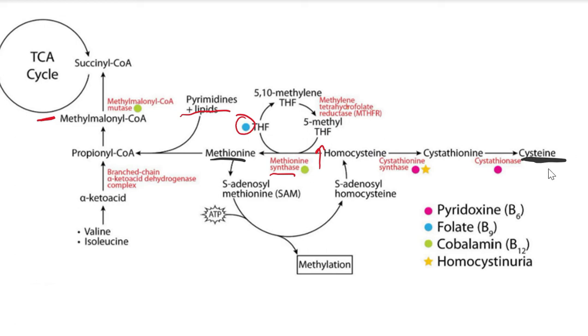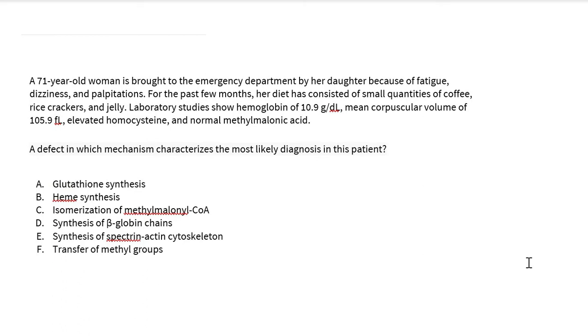Now that we understand the metabolism of homocysteine, let's go back to the question. This elderly lady has fatigue, dizziness, and palpitations, which is characteristic of anemia. Anemia is defined as a hemoglobin of less than 12.5 for females and less than 13.5 for males.